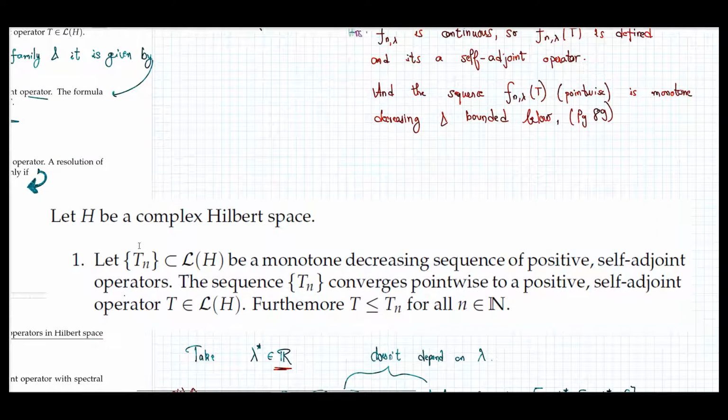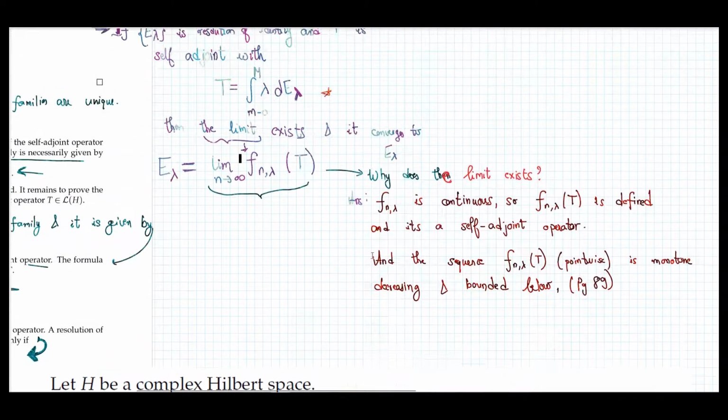And we know that if T_n is a monotone decreasing sequence of positive self-adjoint operators, the sequence T_n converges pointwise to a positive self-adjoint operator T belonging to the space L(H). Furthermore, T is less than or equal to T_n for all n belonging to the natural numbers. So this property we have seen, and thus we can say that the limit exists.